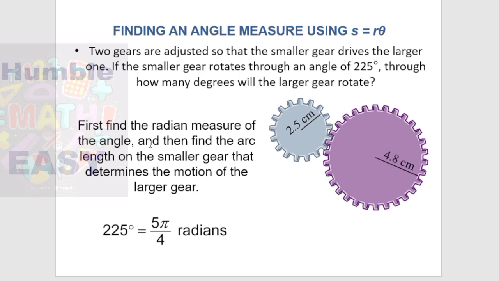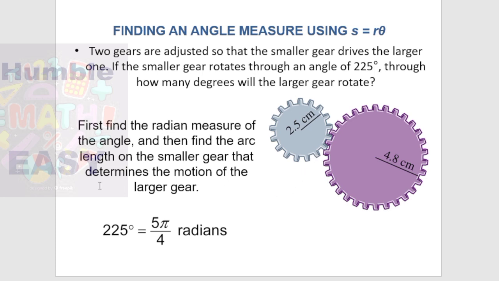So take note that this is relative to the science, to the physics. The arc length of the larger gear is the same as the smaller one. So we now have to find first the smaller one.